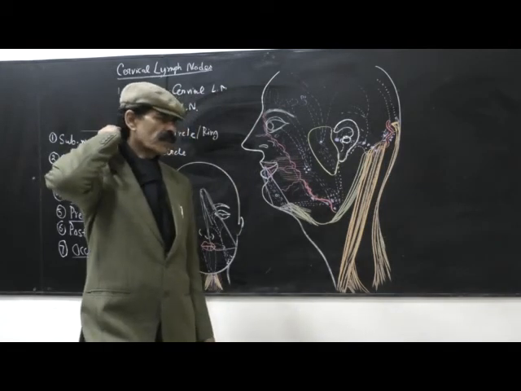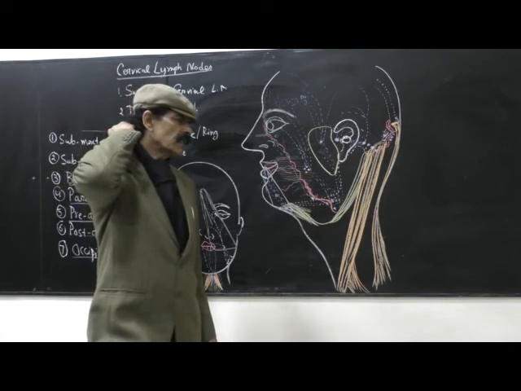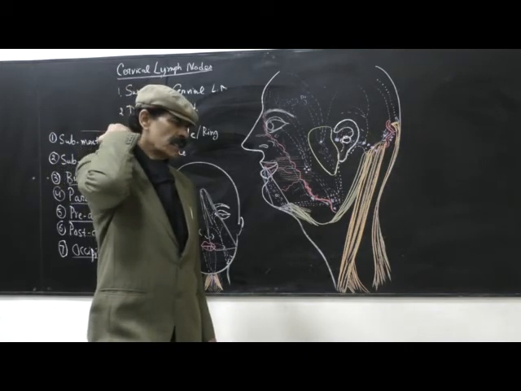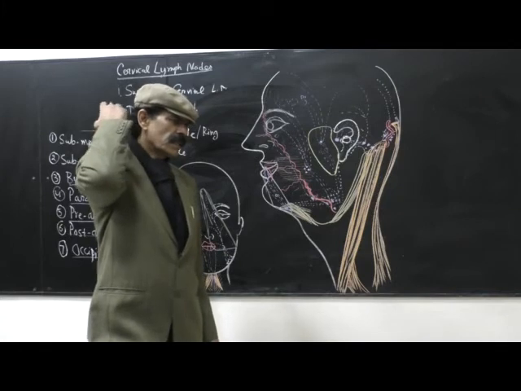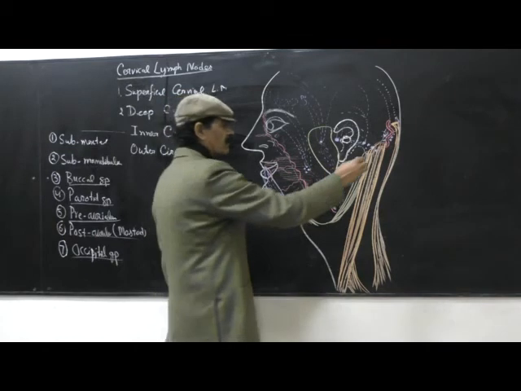Then from here, the lymph nodes go along the posterior border of the posterior triangle, along the trapezius muscle.